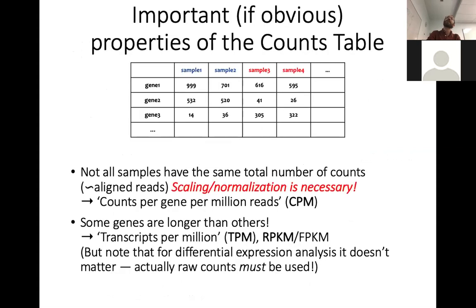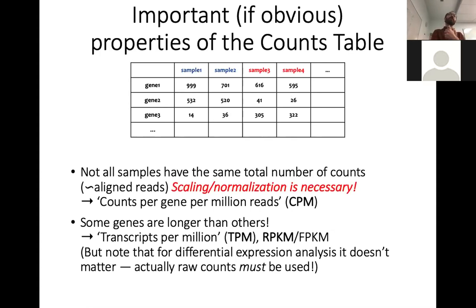And then the last thing I wanted to mention was regarding this counts table, and that's linked to next week's workshop. The counts table we're getting out of HT-seq count, so we're getting one column per HT-seq count run. This is not directly a table that tells you which gene is expressed more in which sample.